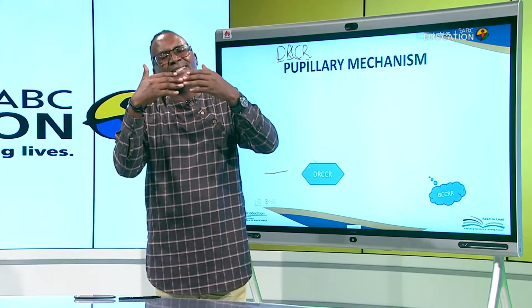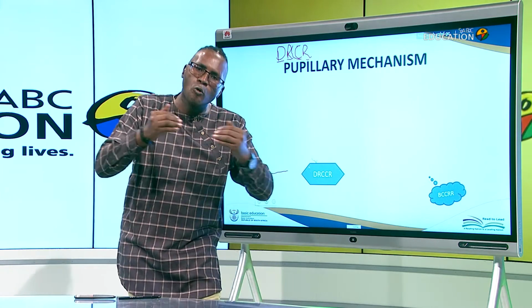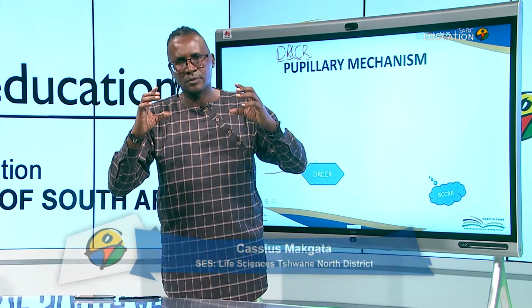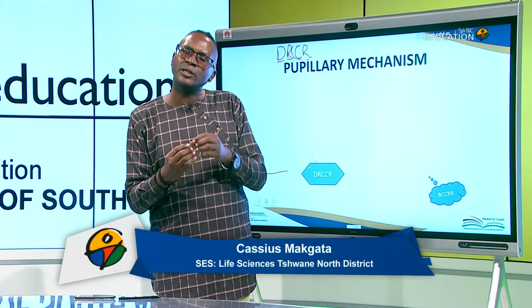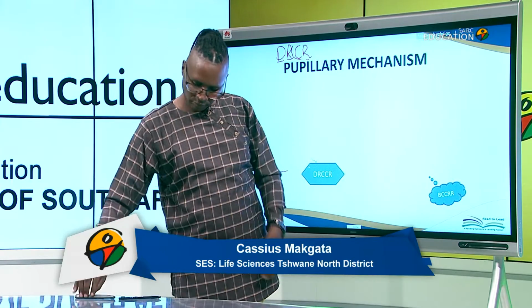And we talk about the suspensory ligaments also that need to move. And we look at the lens, which is elastic. So that means it should be able to become flat and round.